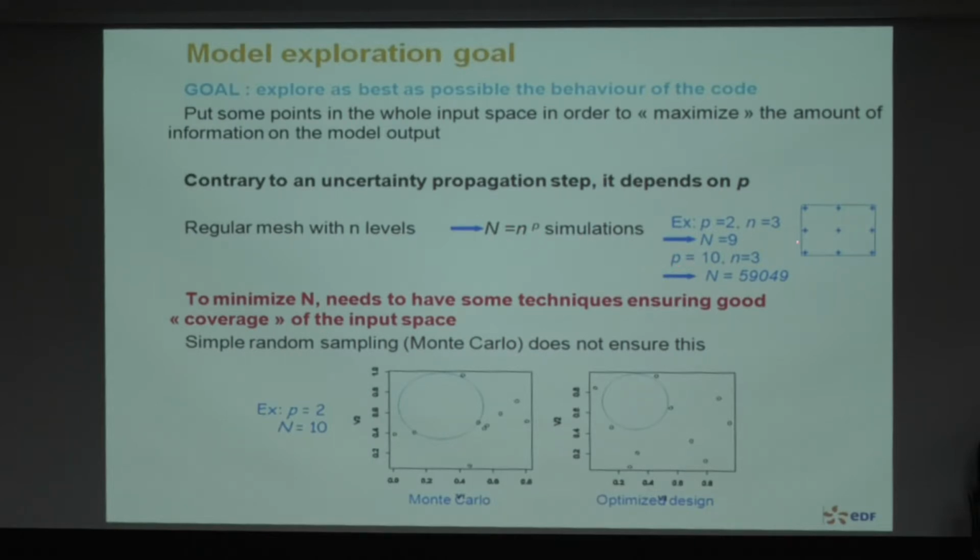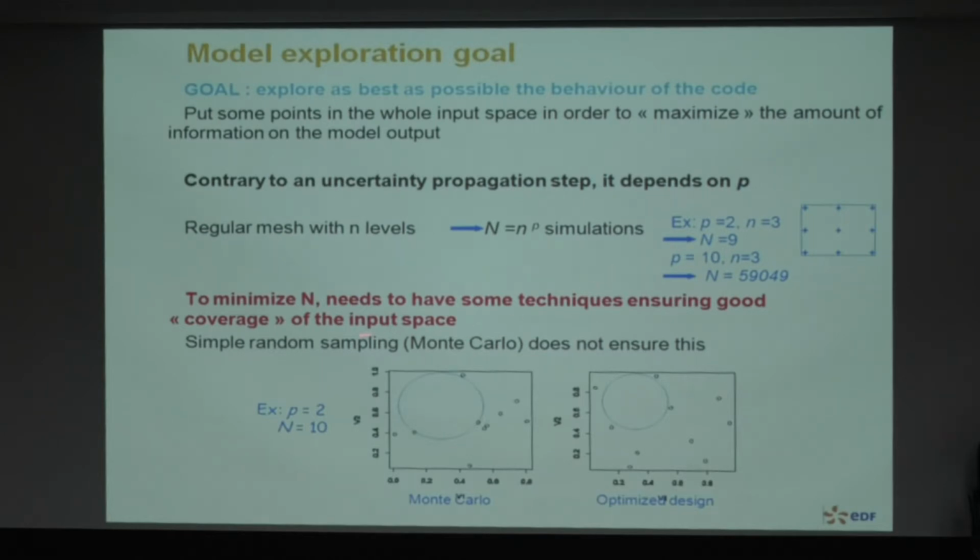So if you create this kind of regular mesh, you have n power p simulation points. Of course, if p equals 2 and you take 3 levels, you have 9 points. But if p equals 10, you have many points, around 60,000 points to put. So we are facing the curse of dimensionality in this case.